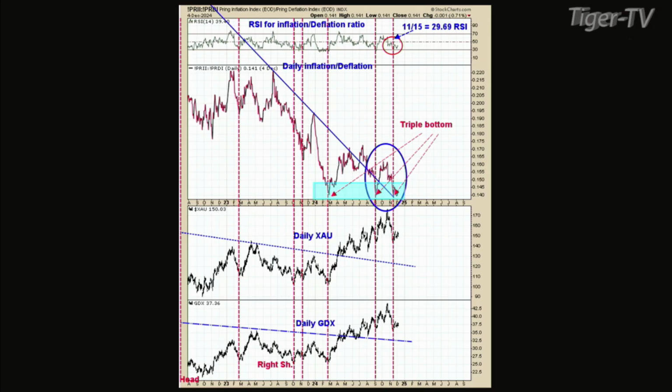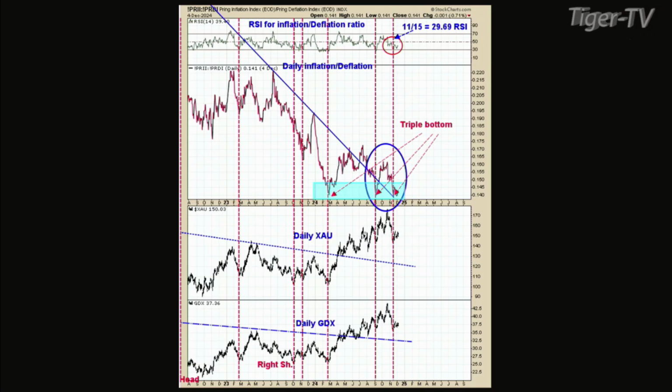And we had one here in mid-November, November 15th. We had 29.69 on the RSI. That day marked a low, and we kind of pumped up here. The inflation-deflation ratio is down around 0.14 right now, which is pretty much matching the low.